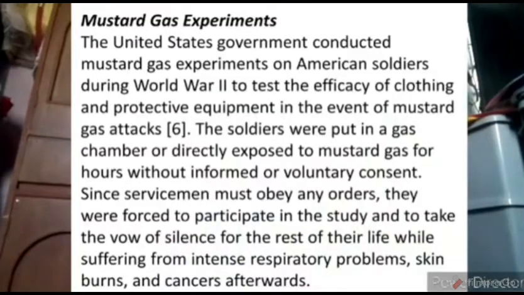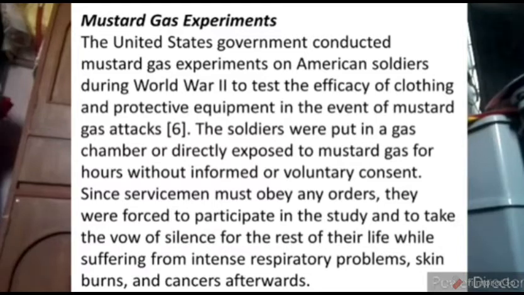So, after we have discussed everything about human experimentation, I will now give you two different situations regarding human experimentation and its underlying ethical perspectives. The first one is the mustard gas experiment. The United States government conducted mustard gas experiments on American soldiers during World War II to test the efficacy of clothing and protective equipment in the event of a mustard gas attack.